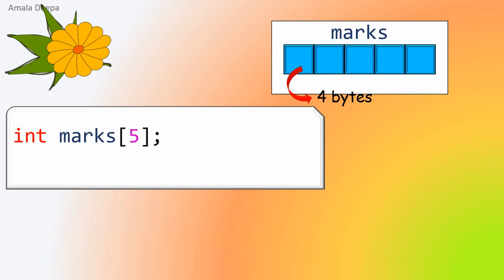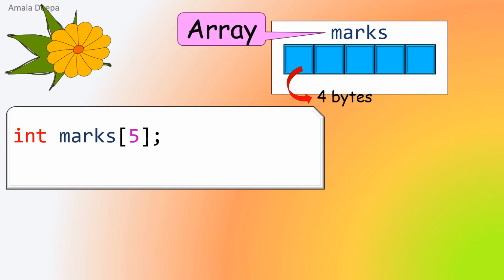This means marks is an integer variable of 5 locations. By this declaration statement, I have created a fixed number of sequential memory locations which can store values of the same data type. This type of variable is called an array.